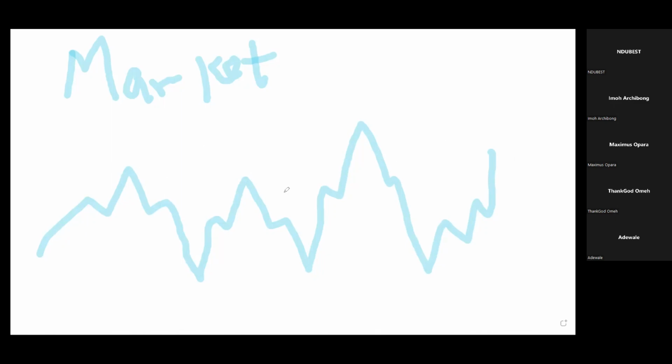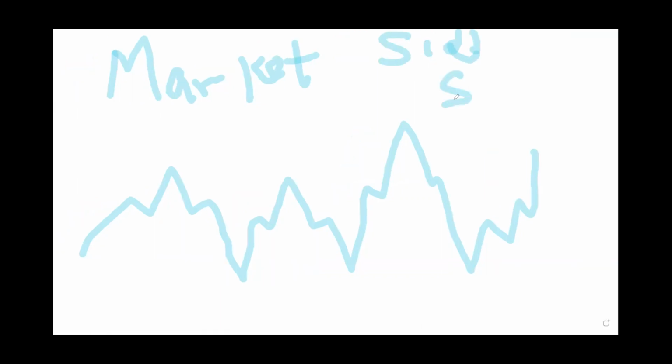This is a non-trending market, which you can call a sideways market or range. You can say the market is sideways, or in a range, or some people even say consolidation. These are just terms.